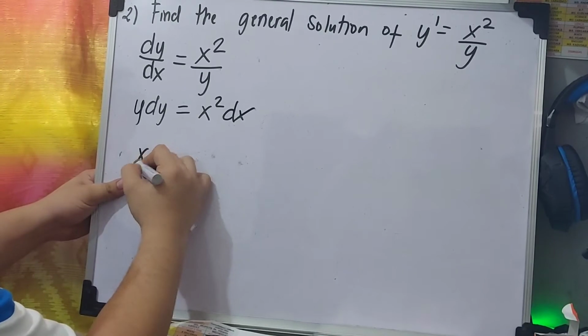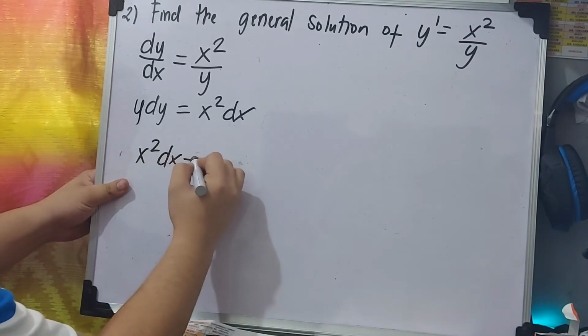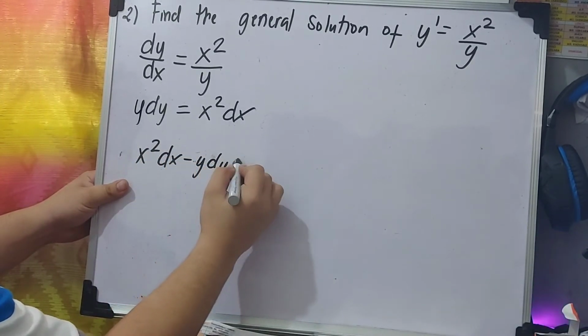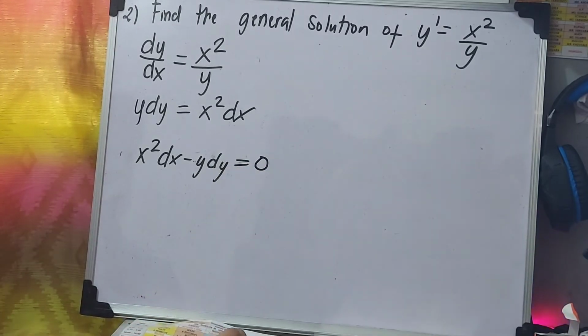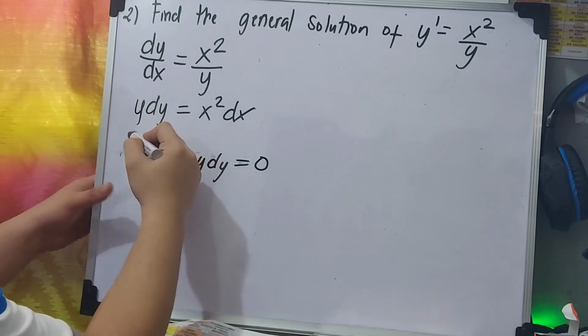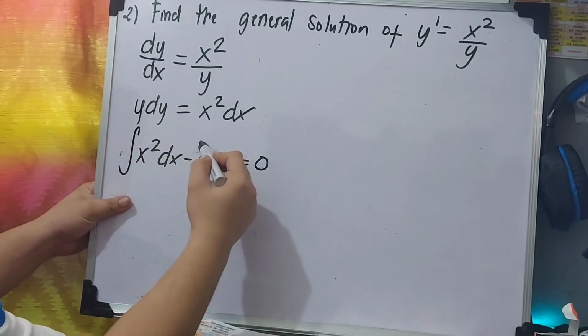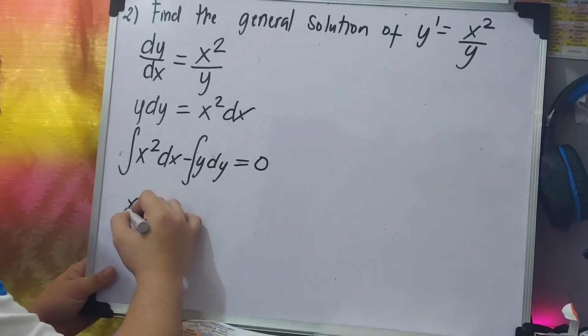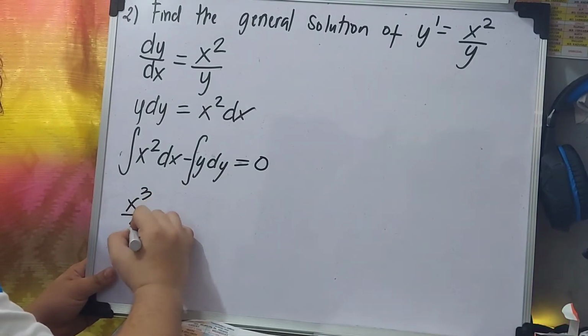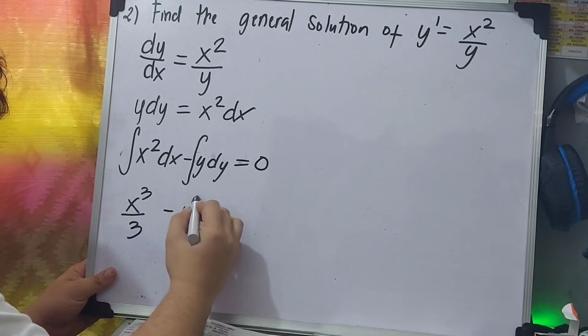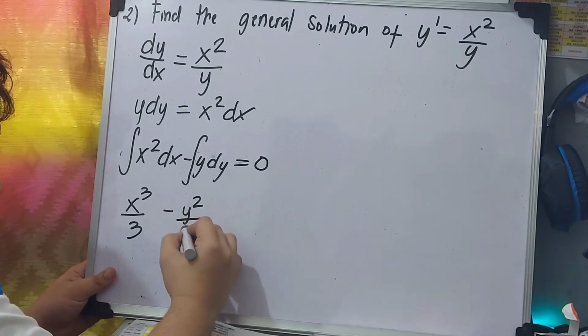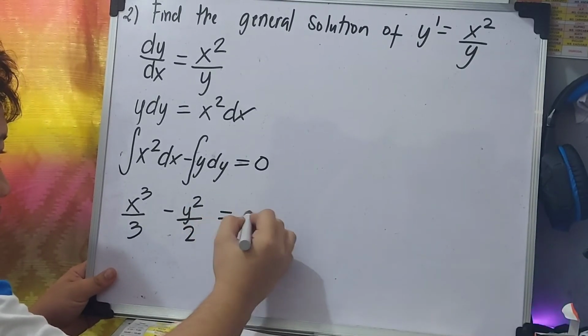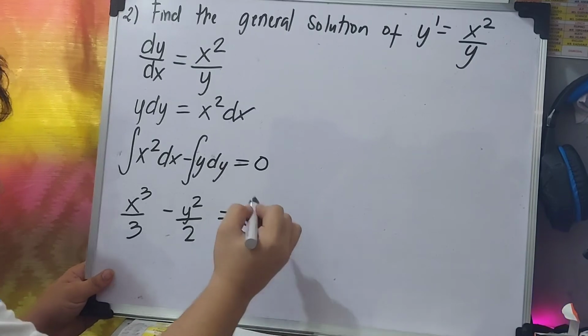Transposing x squared, we have x squared dx minus y dy equals 0. Integrate, we have x cubed over 3 minus y squared over 2 equals C.